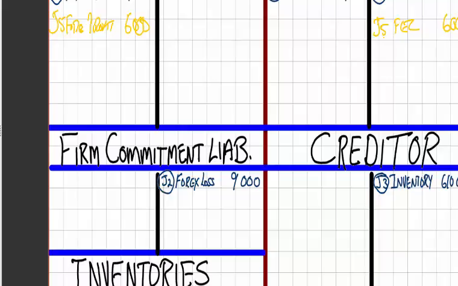As we said, we also have to restate the creditor. So the creditor, we have journal number 6, and we say the forex loss 5,000, and journal number 6 there is your creditor, 5,000 as a loss there.